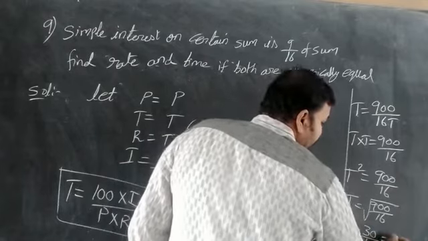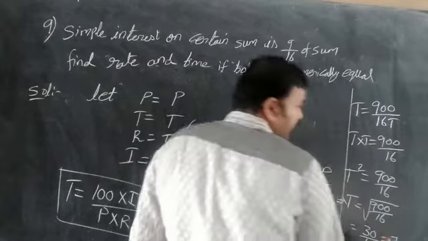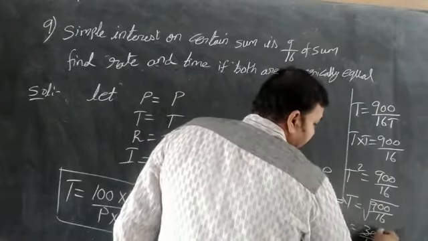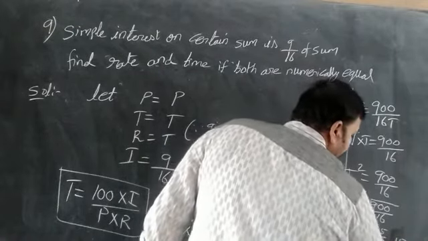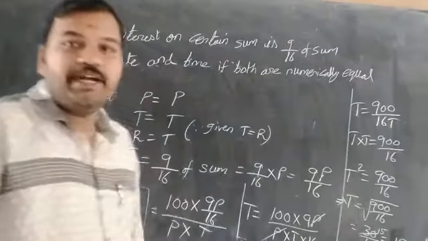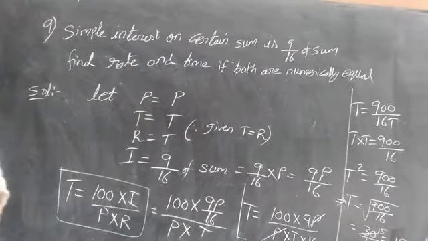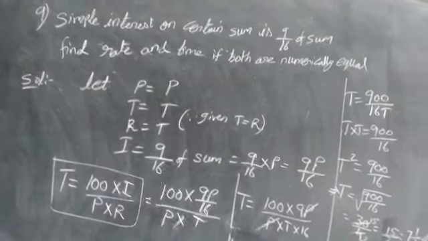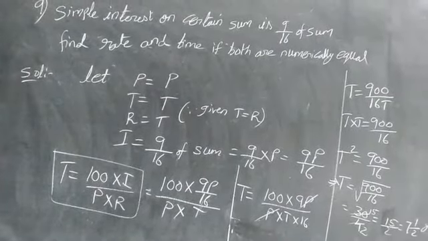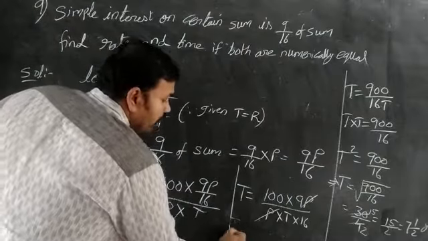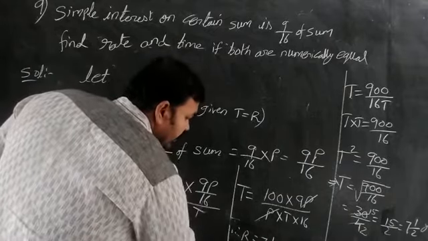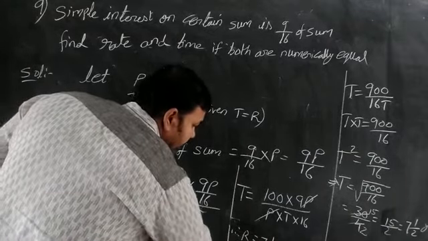Changing to a mixed fraction: 7 fours are 28. Cancelling, 2 times, 15 times, we get 15 by 2, which is 7 1 by 2 years. Therefore, R is equal to 7 1 by 2 percent, and T is equal to 7 1 by 2 years.